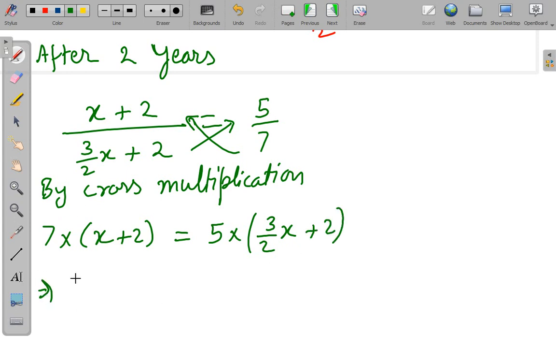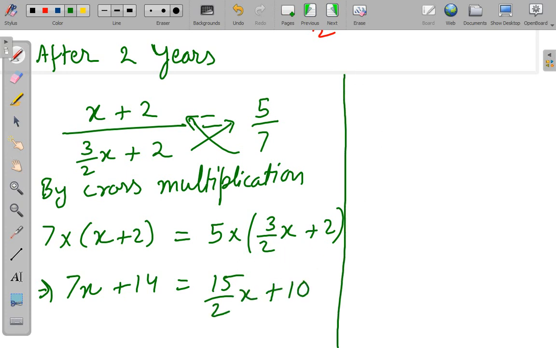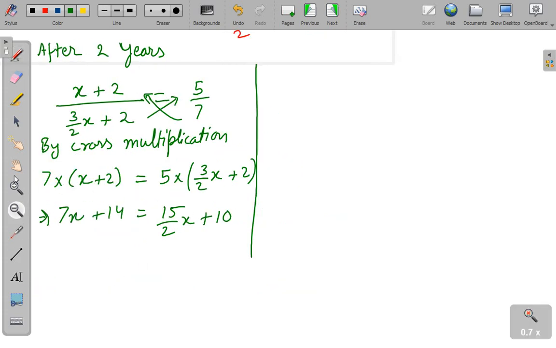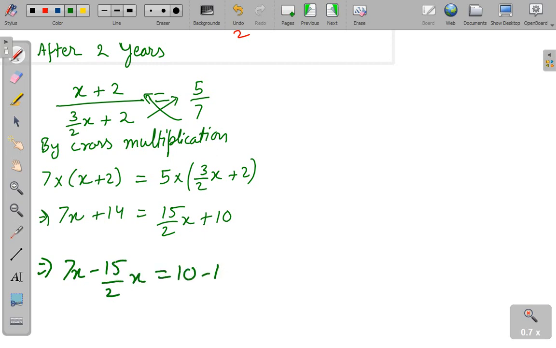So this is 7 into x, 7x, 7 into 2, 14, is equal to 5 into 3, 15 upon 2x plus 5 into 2, 10. Now transporting all the variables to one side and other things on the other side, 7x minus 15 upon 2x is equal to 10 minus 14.